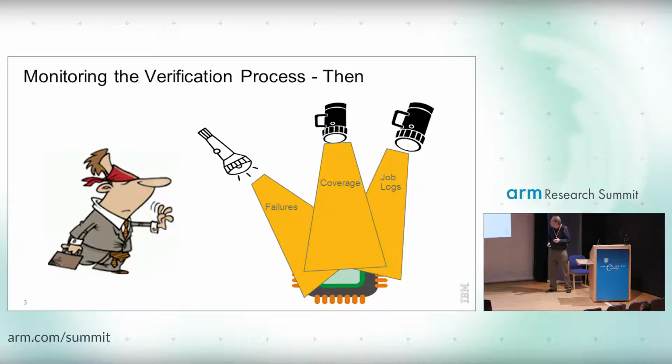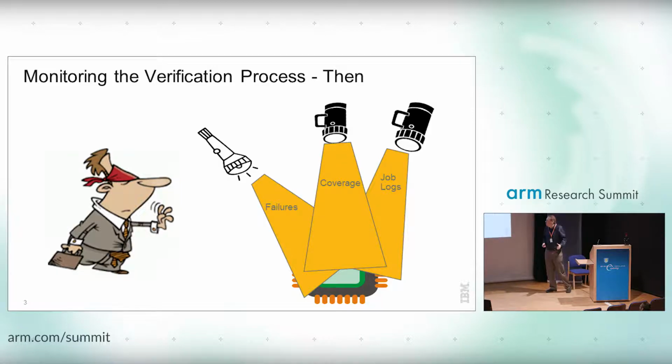So for example, we have coverage. We have some monitors in our designs, in our environment, that tell us what we are exercising, what we are checking and what not, and we can tell how good we are. So this is one source of light that tells us what's going on.